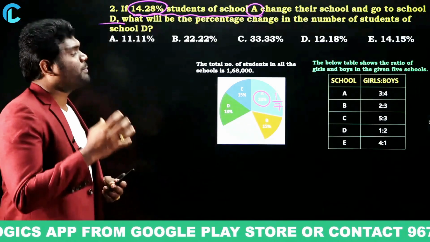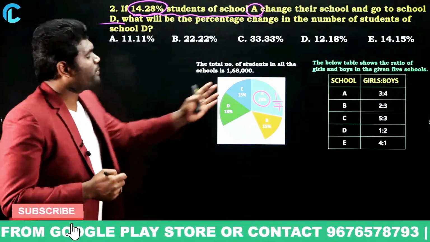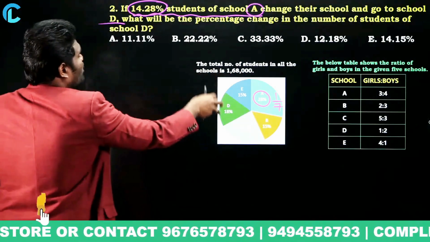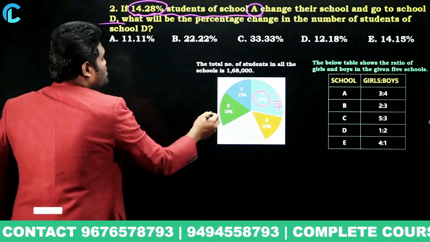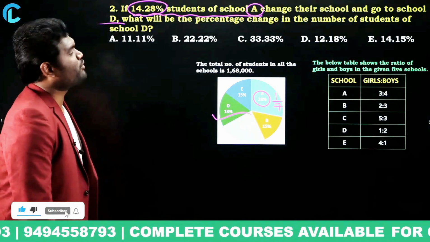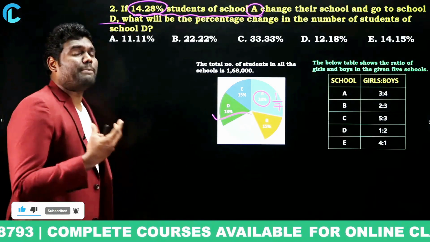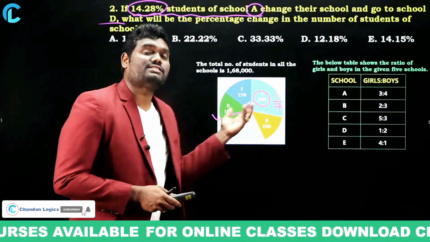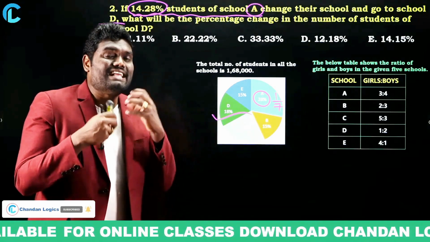So 4% of students. Now if 4% of students are going to join school D, the question is asking what will be the percentage change in the number of students in school D. To know the percentage change, how many students are coming and joining extra? Just calculate it in a simple way.